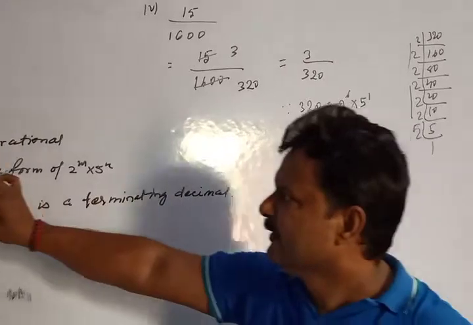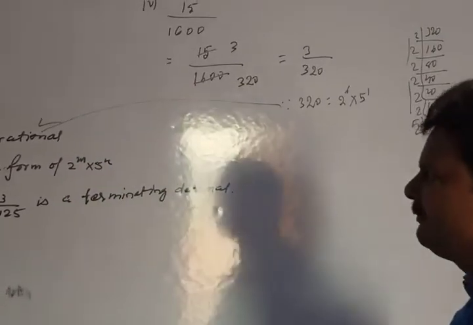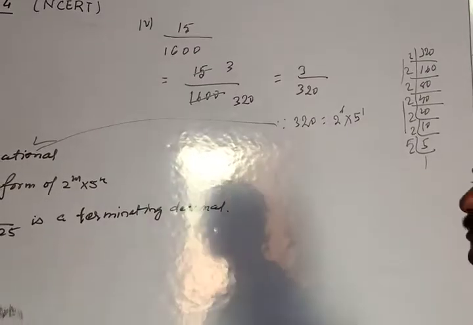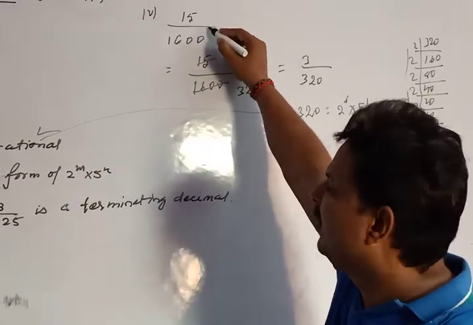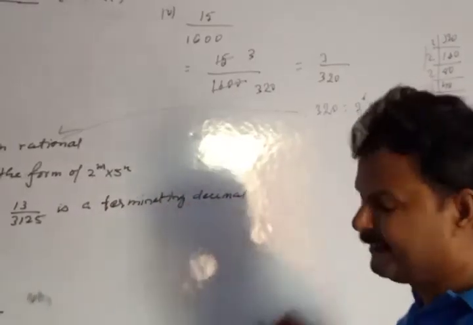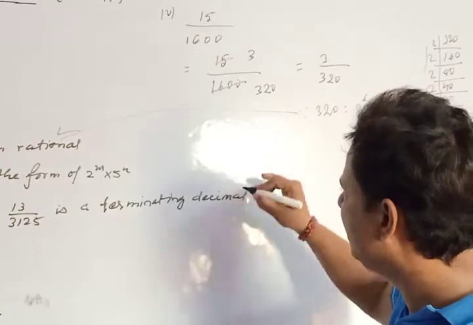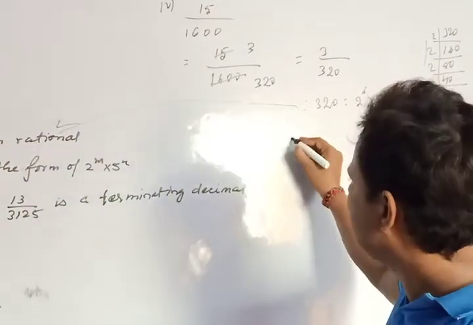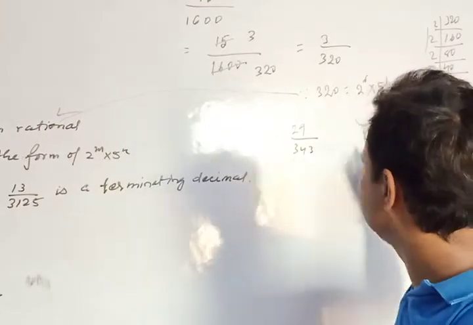The same way, the denominator of the given number can be expressed in the form of 2 to the power n into 5 to the power n. Then the decimal expansion of this number is a terminating decimal. Then next, question number 5: 29 upon 343.